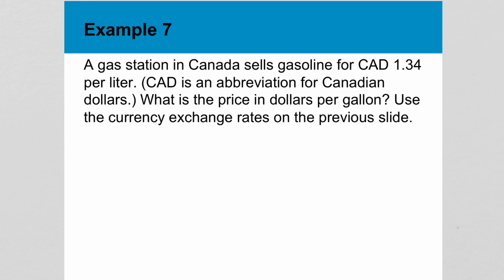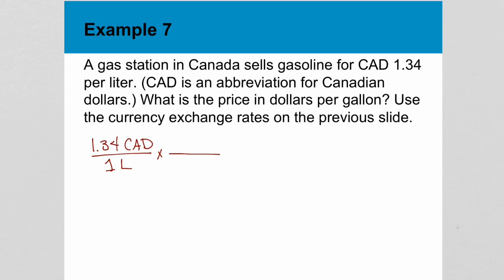Okay, so we've got 1.34 Canadian dollars is equivalent to 1 liter, right? It's 1.34 Canadian dollars per liter, and per means division. So this is a conversion factor in itself.